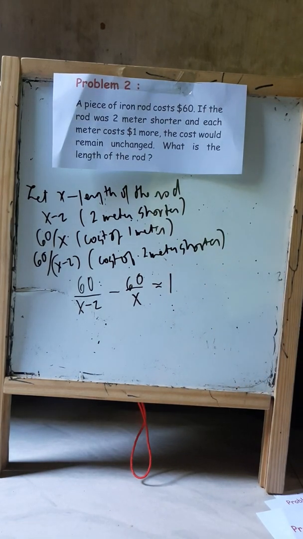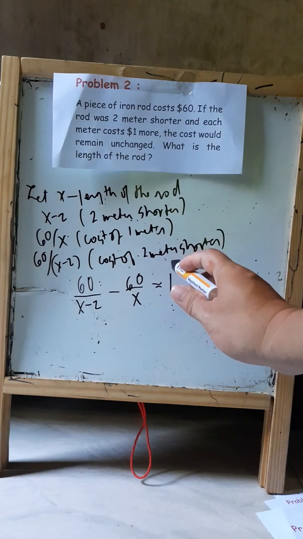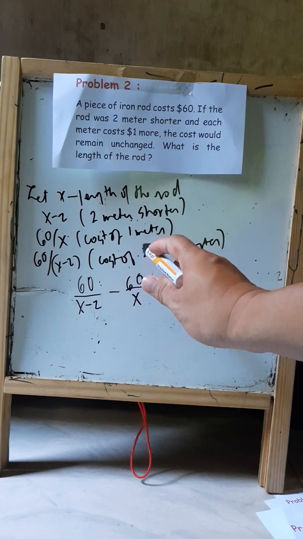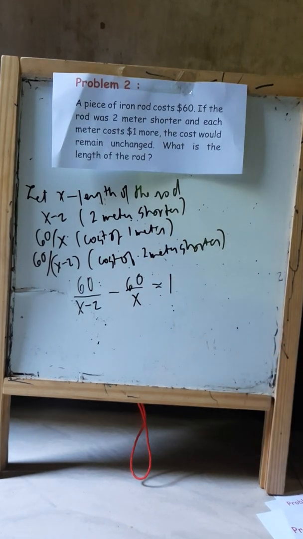This will be our equation because if the rod was 2 meters shorter and each meter costs $1 more, then we subtract the cost per meter of the given rod from the cost per meter of the shorter rod, which is equivalent to $1. So from this equation, let us now solve for x.